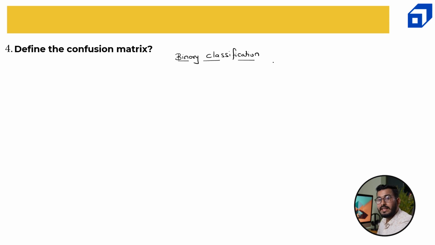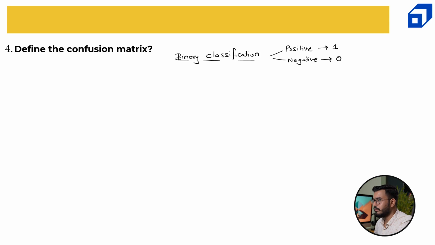Now, what is binary classification? Binary classification basically means that I have two classes: one is a positive class, while the other is a negative class. Generally, positive classes are represented as 1, while negative ones are represented as 0. Please remember, this is the general case, not always the case.